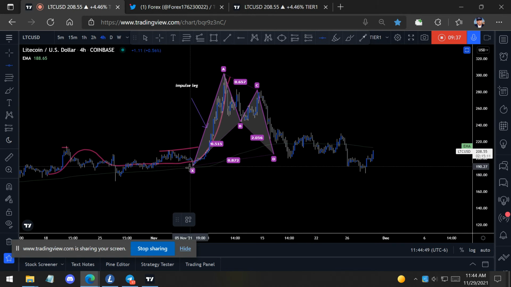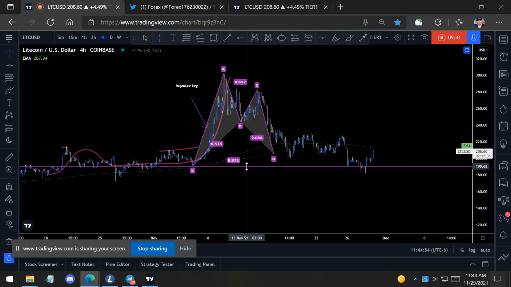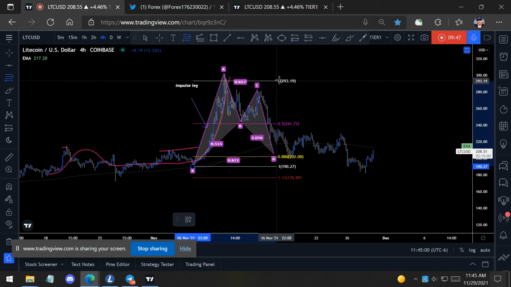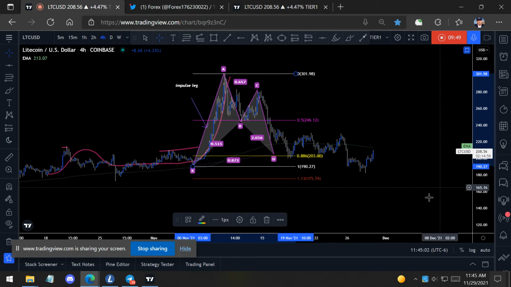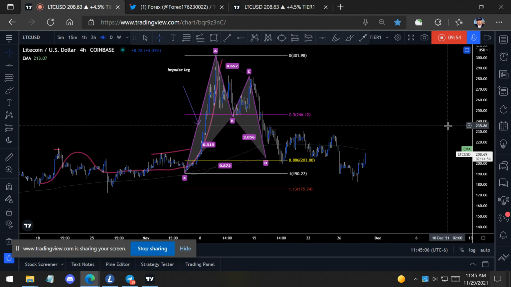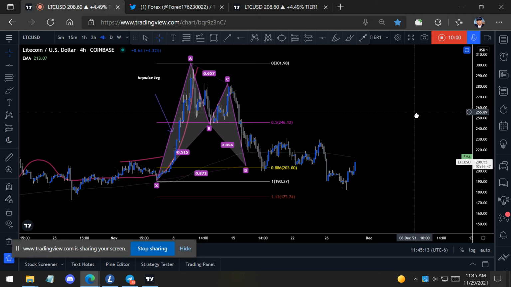Stops go below our X point. We're looking at the 113 because I always use the 113. Some people use different ATRs. I like the 113.